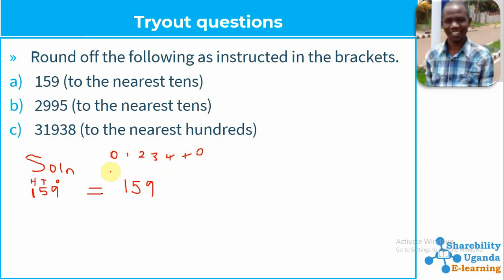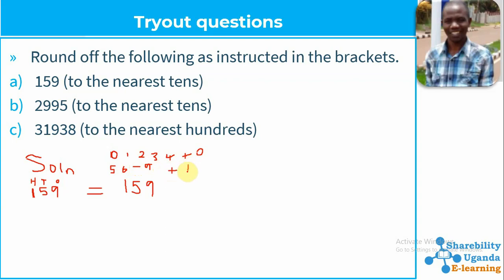Then we said if we have a number in the range of 5, 6, up to 9, then we add 1 to that number.